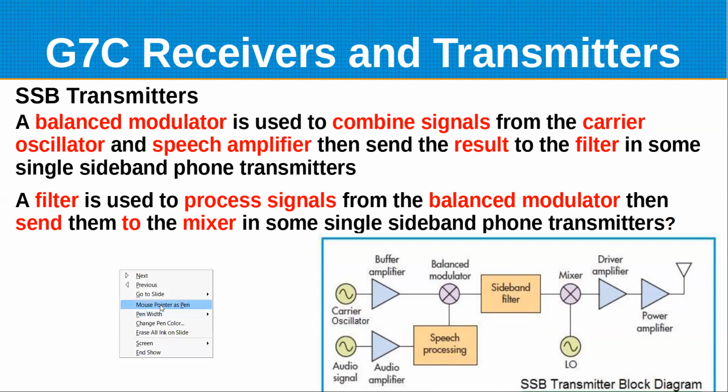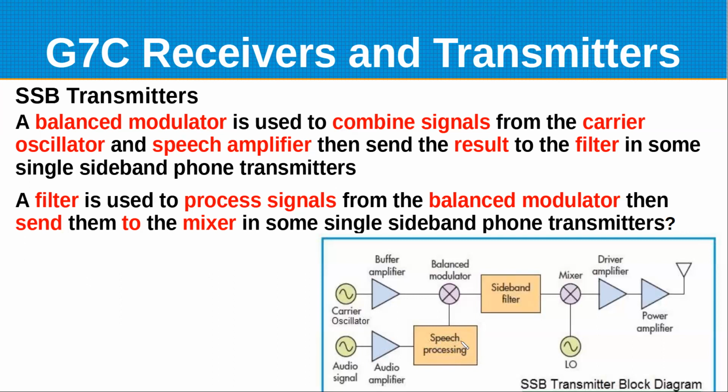Turn my pointer back on. So we have our audio signal, usually coming from a person speaking into a microphone. You may have some form of amplification for it, so you can control the gain on the microphone.